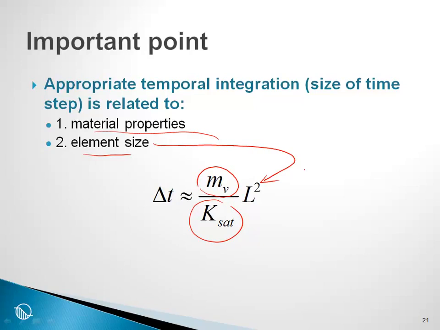So to repeat and summarize, obtaining an appropriate starting delta T takes a little bit of trial and error, but this equation from consolidation can help us at least get into the right ballpark to get a starting delta T, but then we have to try various delta T sequences and look at the solution.